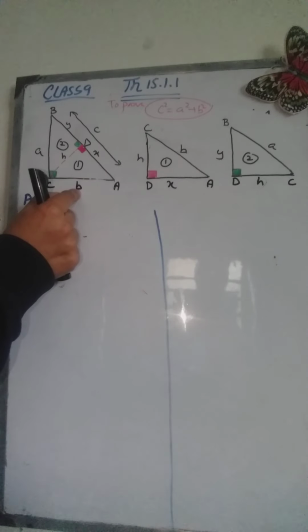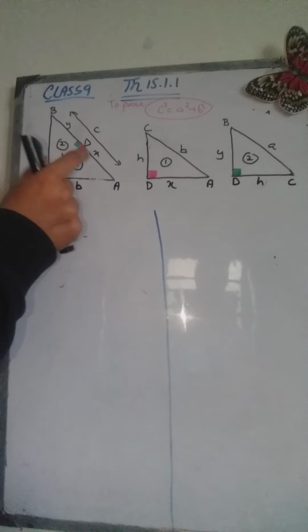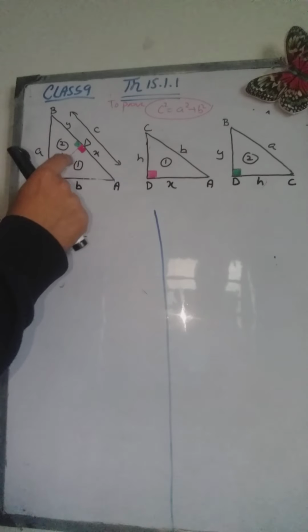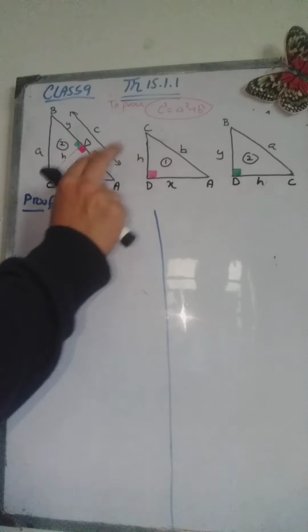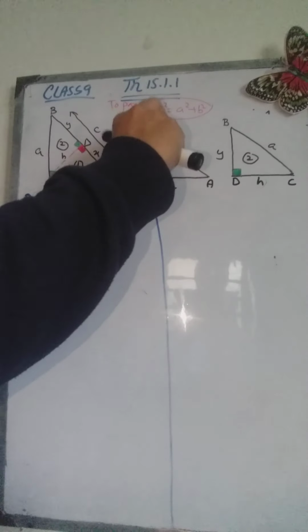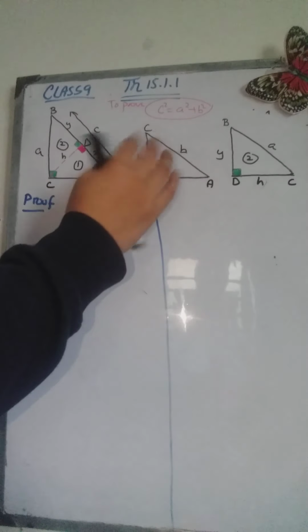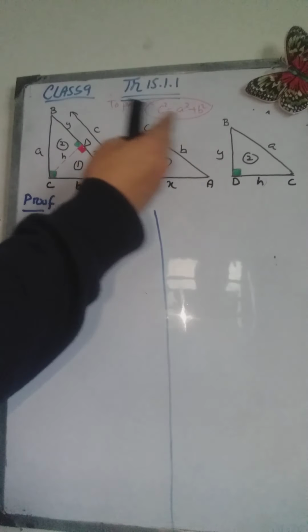AC is equal to B, so I have taken AC equal to B. This is the same triangle as this one. I have just erected it and placed it here. Suppose we have picked this triangle from this position, placed it here, and then flipped it. Then we will have this triangle.